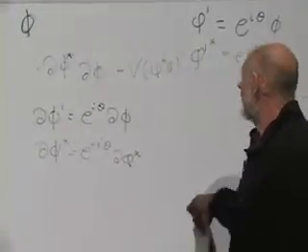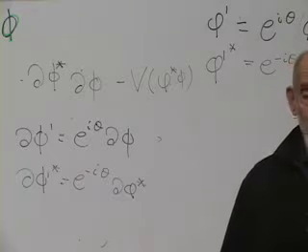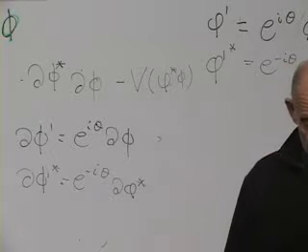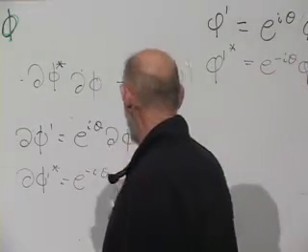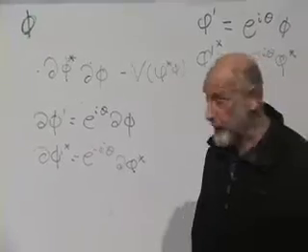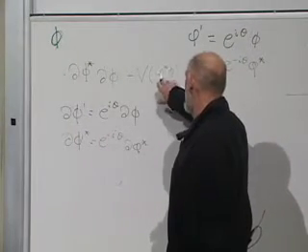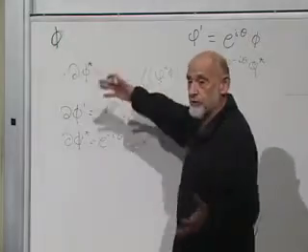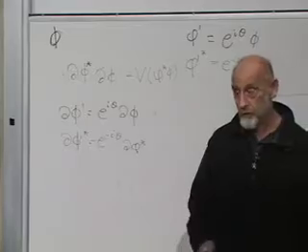Okay. Now it's clear that this Lagrangian has this symmetry even with the potential term. I could break the symmetry in all sorts of ways. If I made the potential a function of some other combination, let's say just phi real by itself without phi imaginary, that would break the symmetry.